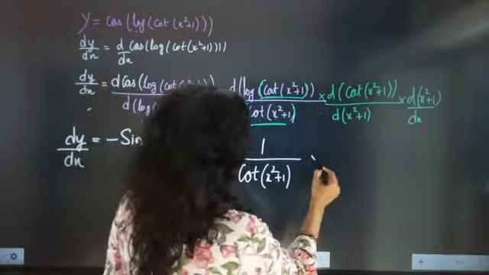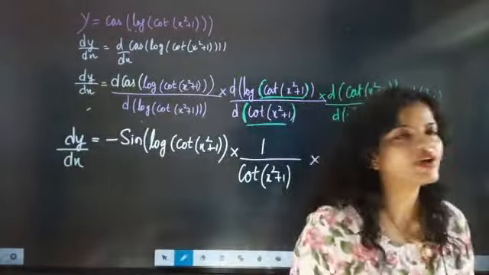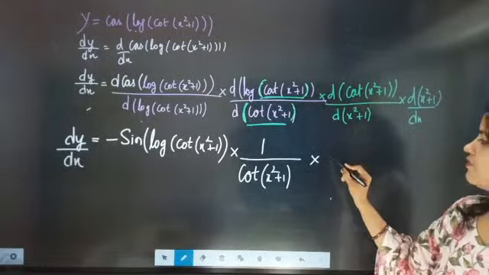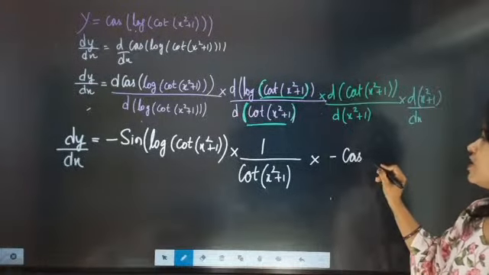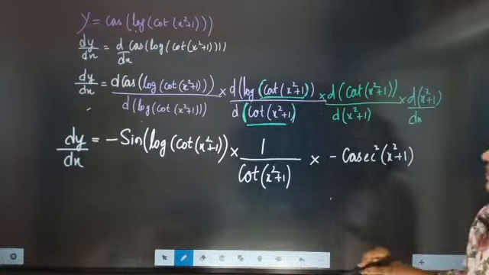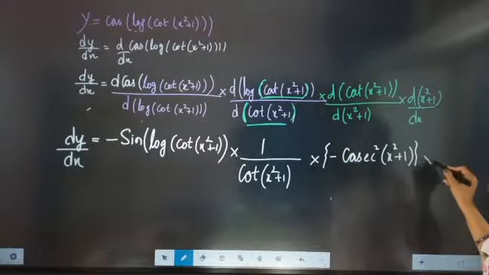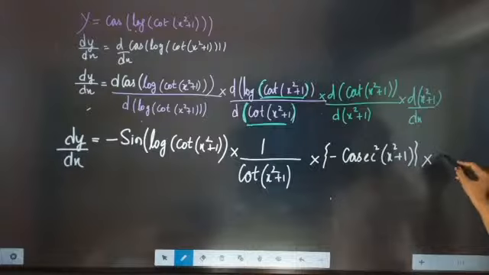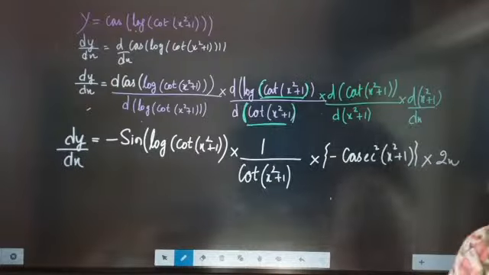Next, cot of x square plus 1: you know that cot will become minus cosecant square of x square plus 1. Now x square plus 1 will become 2x. Story over, two lines and story over.